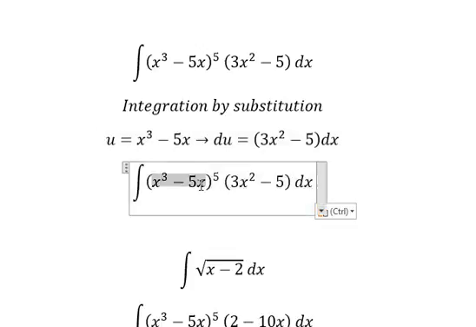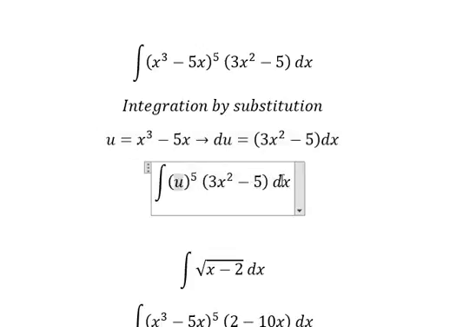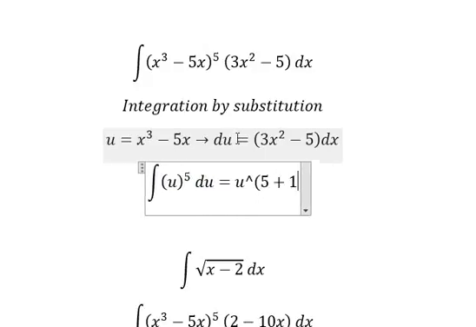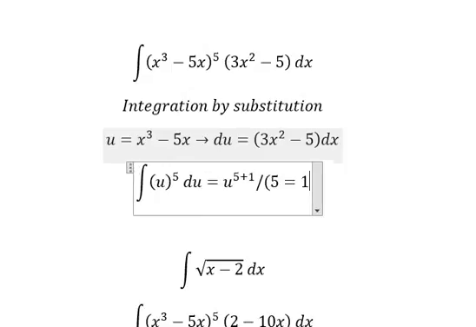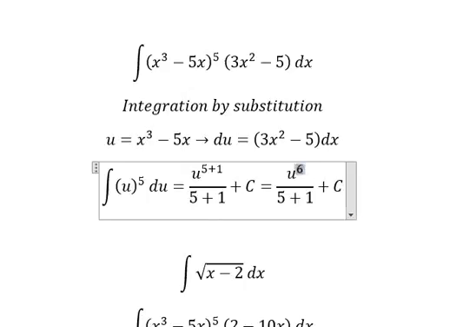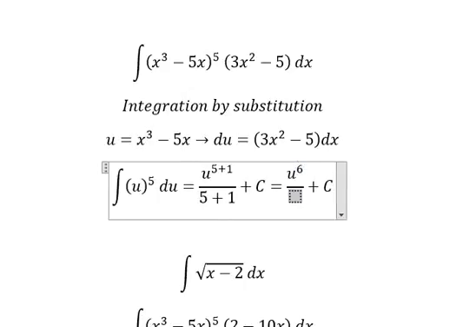So this one we change to u, and this one we change to du. And now we have the final answer. So we have 6, with u being this one.